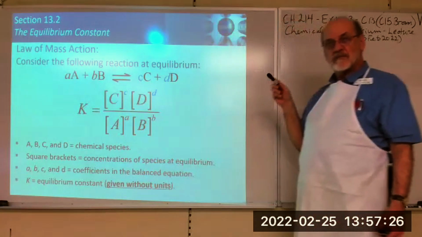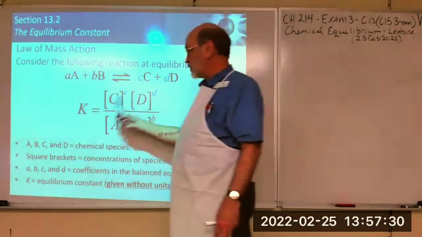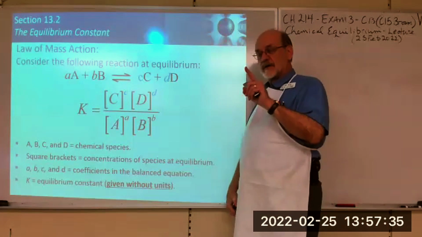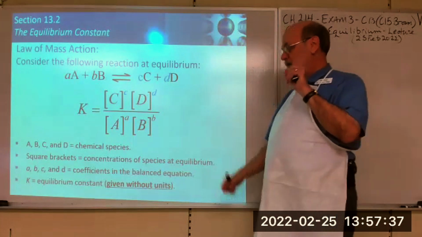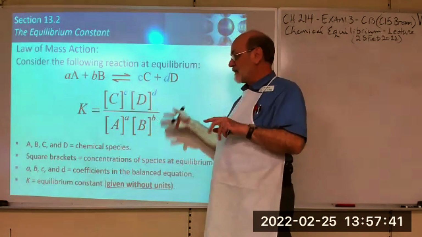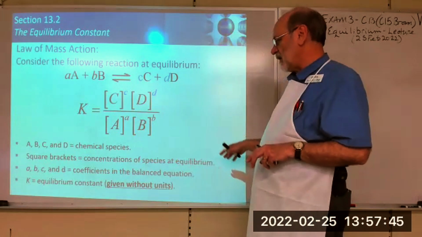That's the mathematical expression for the law of mass action, and it's equal to a constant value at a specific temperature. If you change the temperature, you change this value. So you can have the same concentrations, but the K will vary.